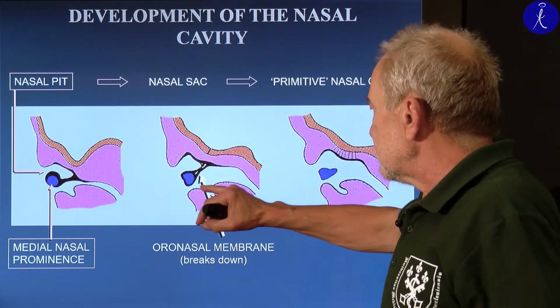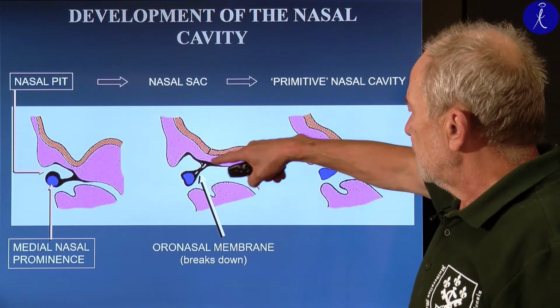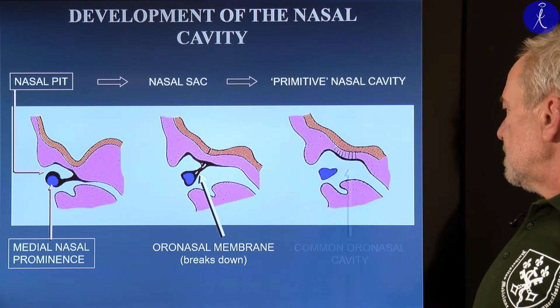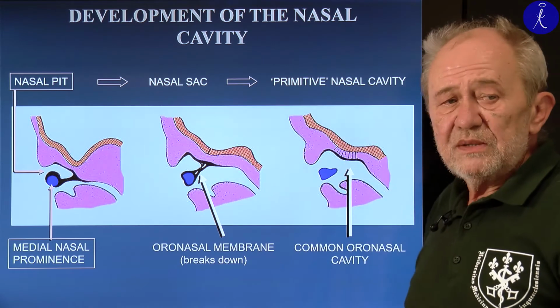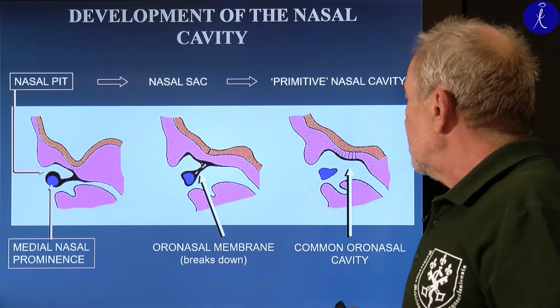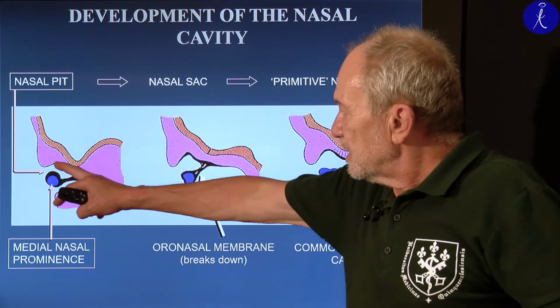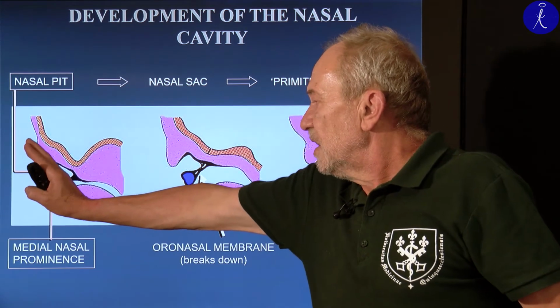That one is called the oronasal membrane, which soon disappears, and therefore finally there is a common oronasal cavity formed, and that needs to be separated into two halves of nasal cavity and one oral cavity below. You can recognize also that this thickening, which was originally on the surface, is a nasal placode.